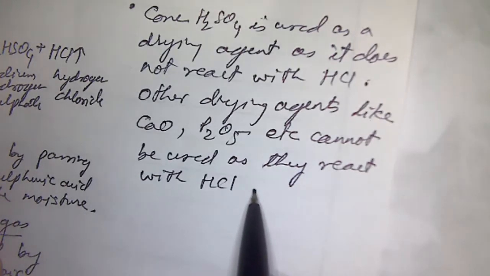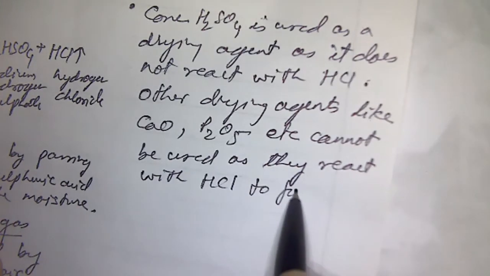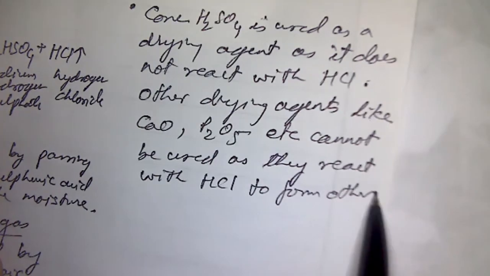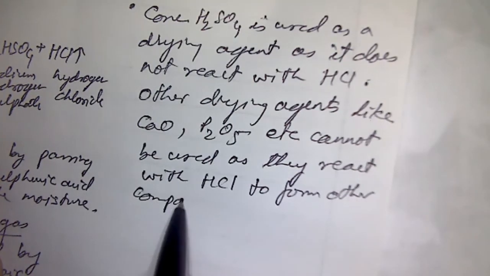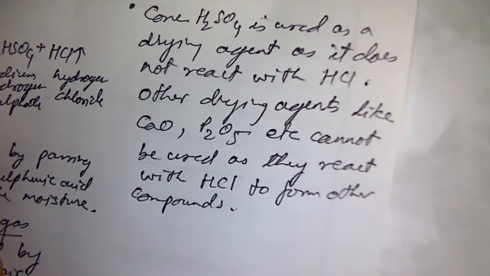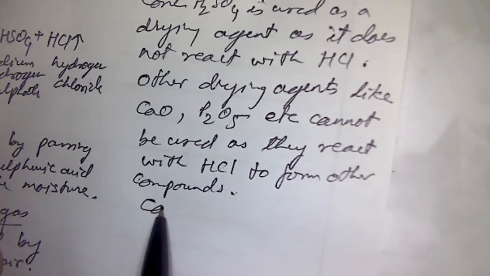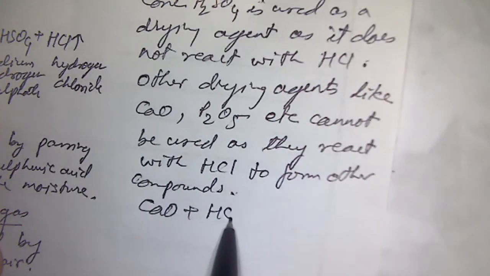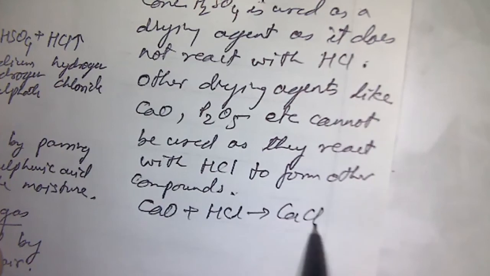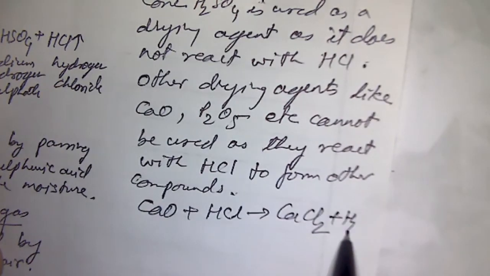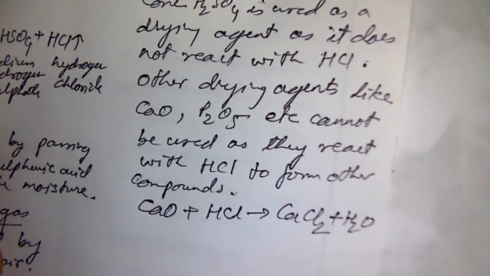So to form other compounds. Understood? So to form other compounds, which compounds are formed? We'll see here, but these reactions are not very important. Clear? Calcium oxide, if I had taken with HCl, it will form CaCl2 plus H2O. So you won't get hydrogen chloride. Instead of that, you'll get calcium chloride there. Isn't it?